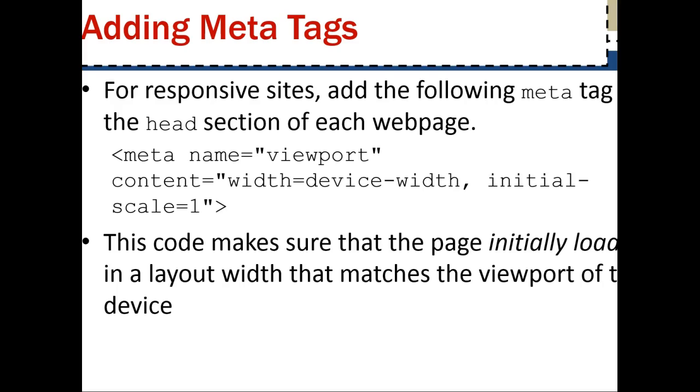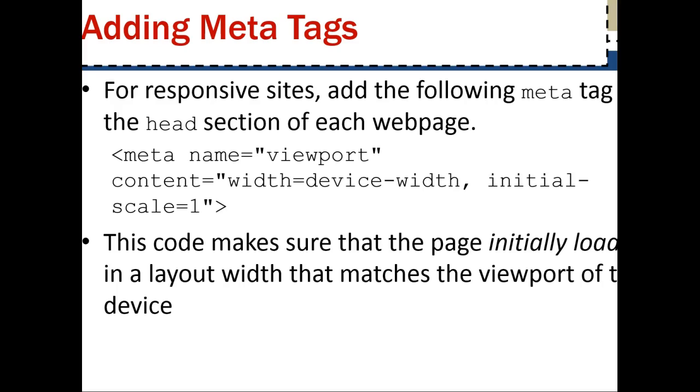The next thing that we are going to talk about is adding the meta tag. For a responsive site, adding the meta tag to the head section of each web page is important. This code makes sure that the page initially loads in a layout width that matches the viewport of the device.